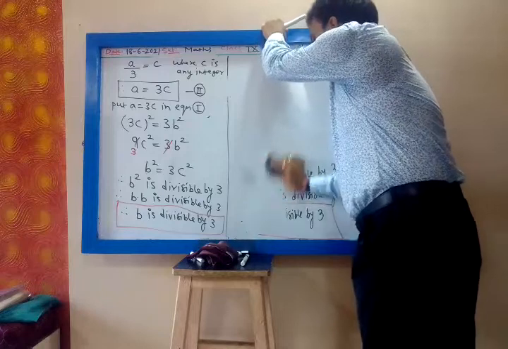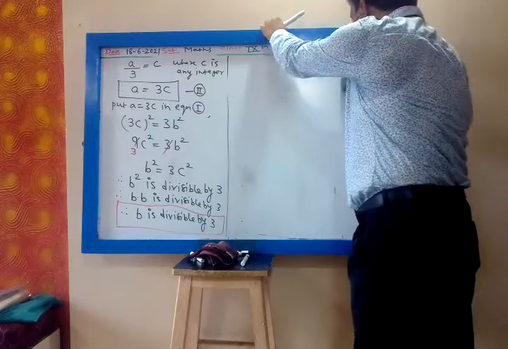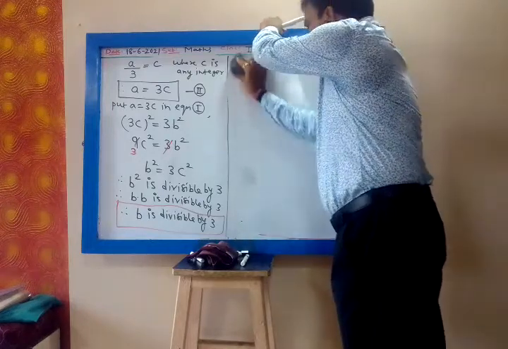So now let us conclude. We are towards the ending of this. A and B both are divisible by 3.